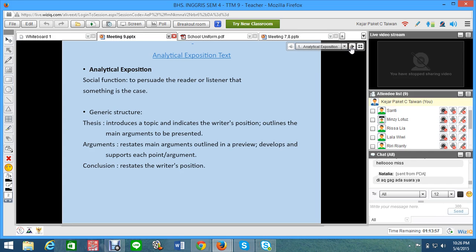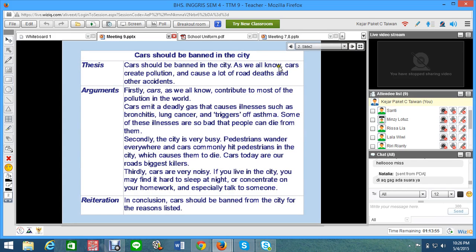Okay, remember that? So we see because the first main argument that cars create pollution. So we have to restate again. Firstly, cars, as we all know, contribute the most of pollution in the world. Okay, cars emit a deadly gas that causes illness such as bronchitis, lung cancer, and triggers of asthma. Some of these illnesses are so bad that people can die from them.